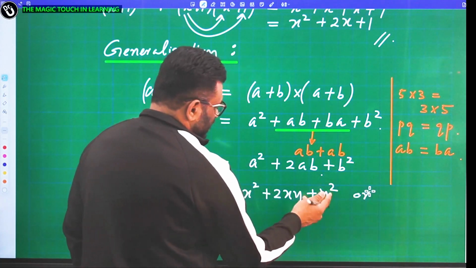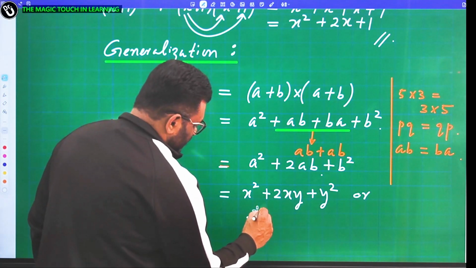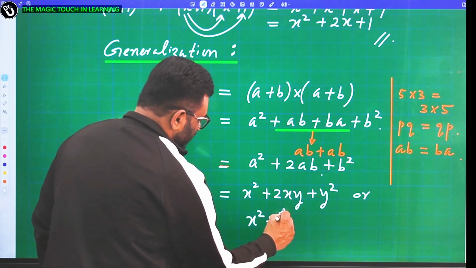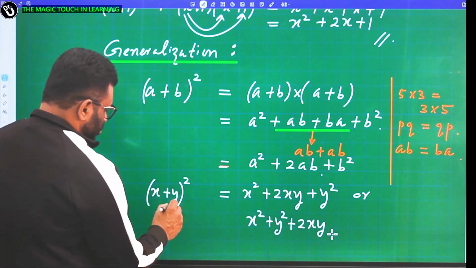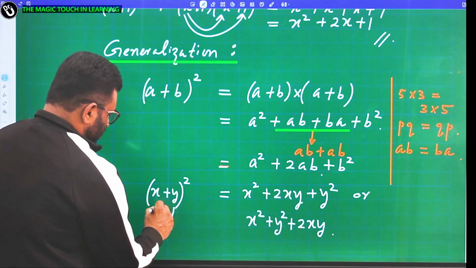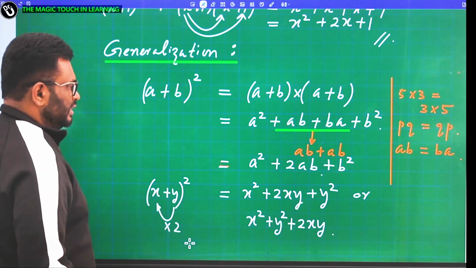Or sometimes you can switch the terms. It is valid: x squared plus y squared plus 2 times xy. So 2 times xy means 2 times x and y. Very important thing.